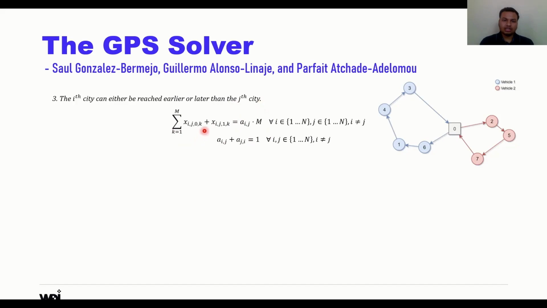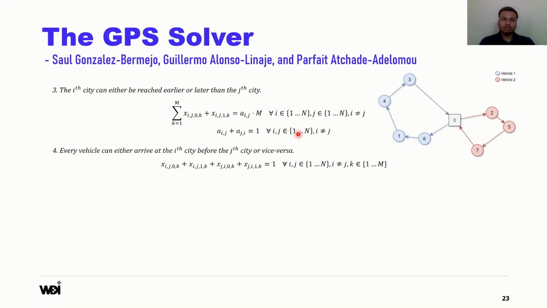So x_ij^0k and x_ij^1k together mean that i has definitely been visited before j. When this is true, considering all the vehicles from 1 to m, only then a_ij will be set to 1. Otherwise, it will be set to 0 and a_ji will be set to 1 instead.